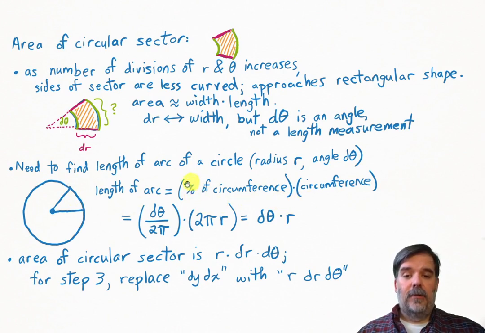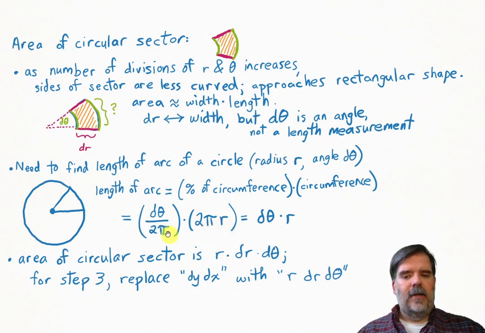To figure out any percentage, you need the part over the whole. The part we're interested in is d theta, and the entire circumference is measured in 2 pi radians. So this is the percentage of the circumference we're interested in. Now the actual circumference of a circle is calculated as 2 pi times the radius.